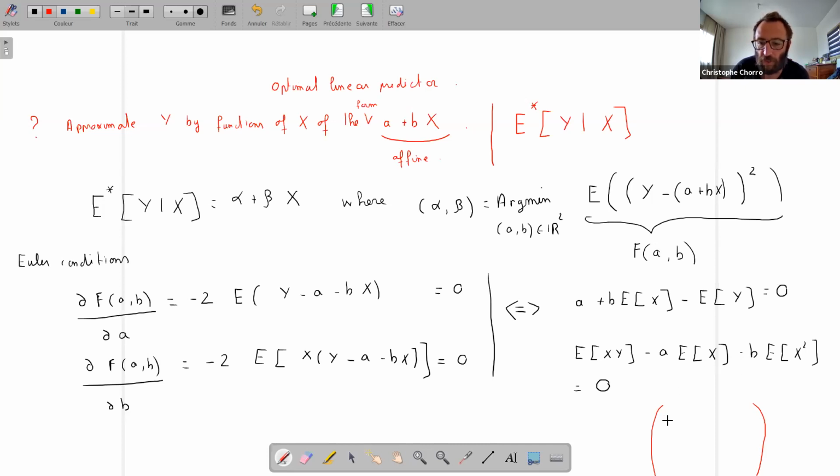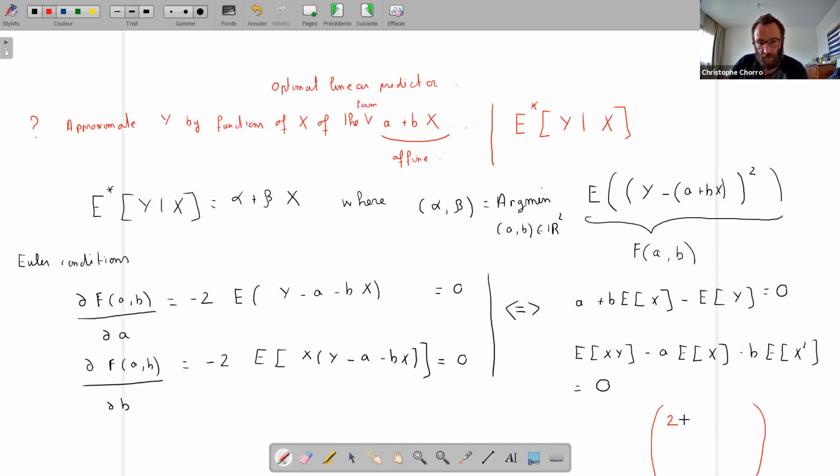Here, what I obtain, if I compute the derivative with respect to A of the partial derivative here, I obtain 2 for this one. The one with respect to B, I obtain what? So if I compute once again the derivative with respect to A, it remains -2.